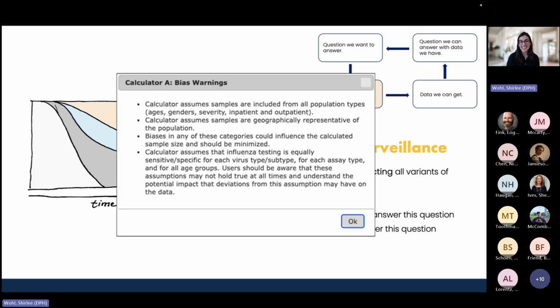I think it's related to that bias warning that I talked about earlier, that even though we have some methods to correct for known biases, such as testing rates, we're still making some underlying assumptions often about things that we can't measure, like how representative is it of a geographic population, or are our samples well distributed over some other important variables.